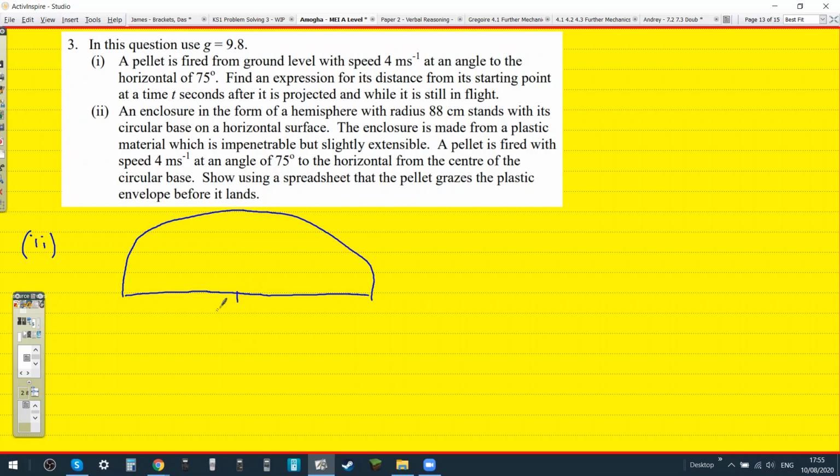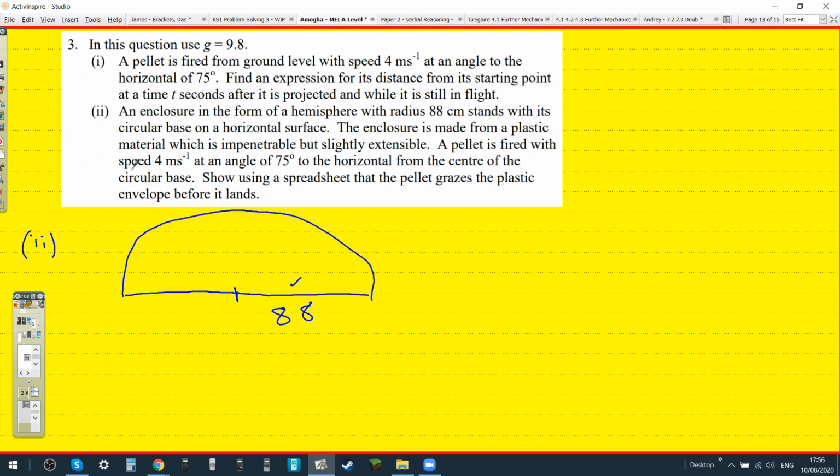So it's a hemisphere, a radius of 88. Yeah, you want to show that it travels 88 centimeters in the x direction and the y direction, because that's the only way it would graze the envelope before it lands.